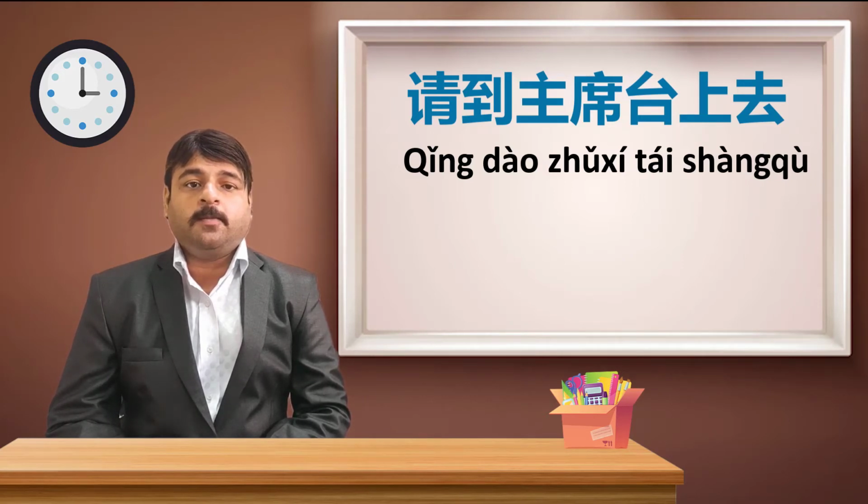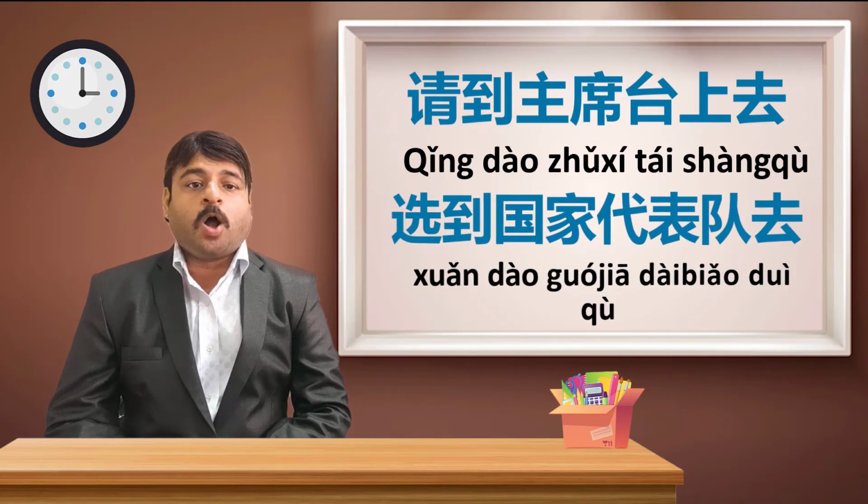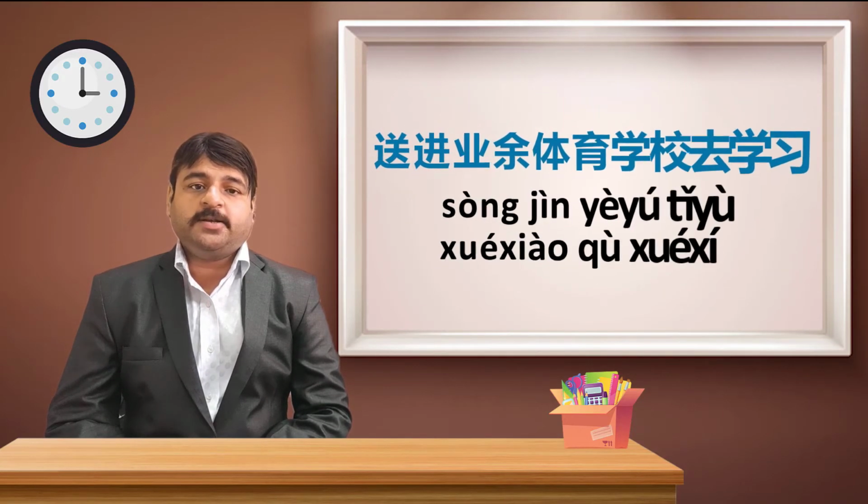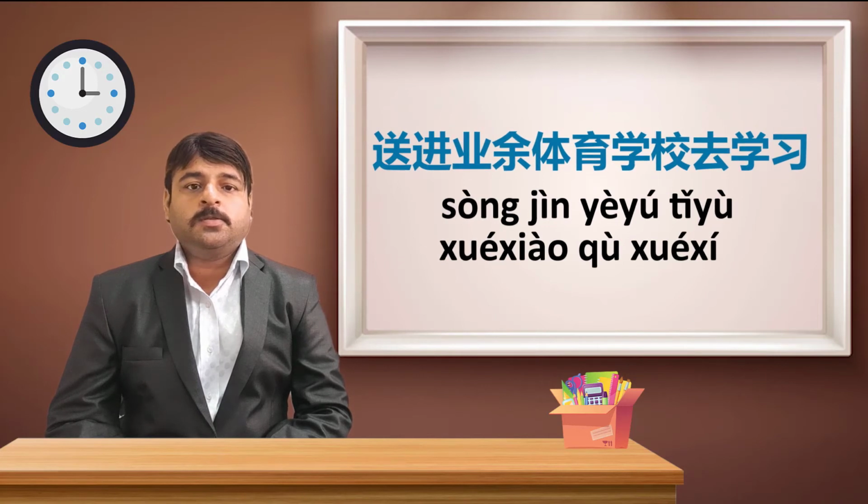Invited to the podium. 选到国家代表队去 selected for the national team or national delegation. 上进业余体育学校去学习, 业余体育 is amateur, 学校 school. He was admitted to the amateur sports school to study.